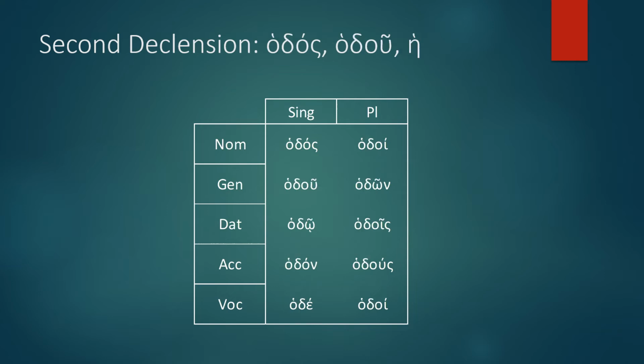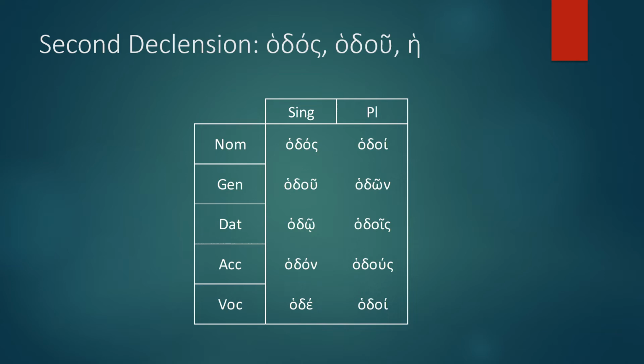Here we have another second declension word which ends in omicron sigma. Hodos, hodou, he. What does that tell you? This is actually a feminine word. And I mean, pretty much the same, except now we have the persistent accent on the ultima.